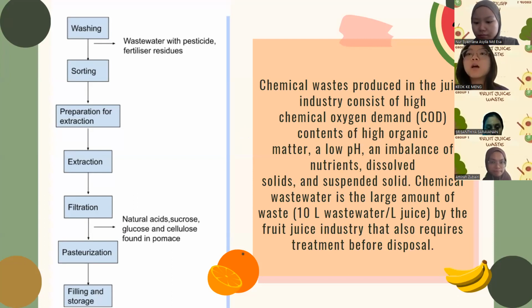The first is the wastewater with high chemical oxygen demand, COD, of high organic matter, a low pH and imbalance of nutrients, dissolved solids and suspended solids. Another chemical waste produced in the fruit industry is the natural acid, sucrose, glucose, and cellulose found in the pulps.